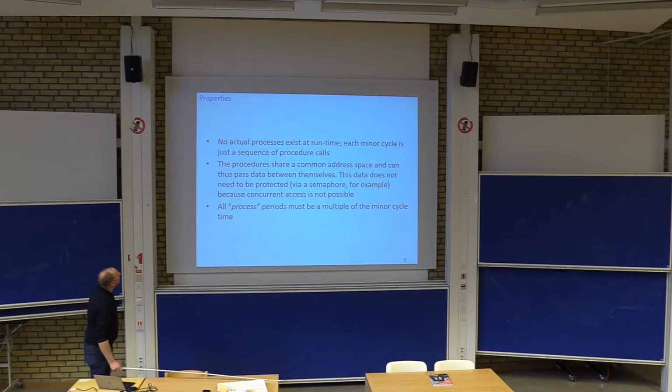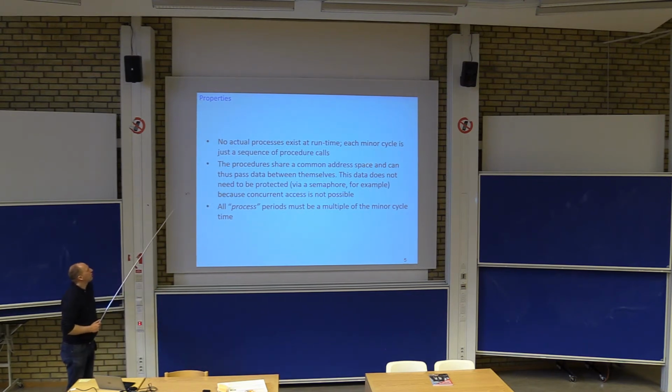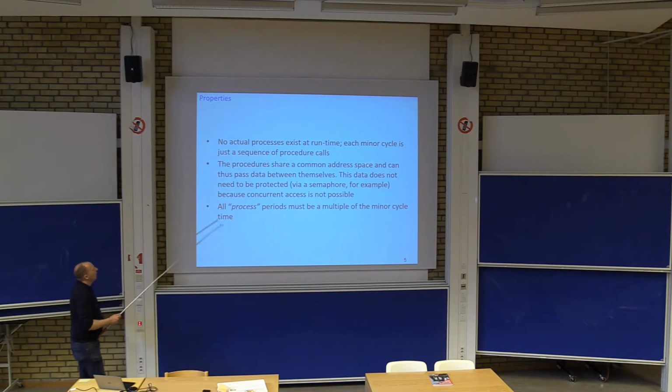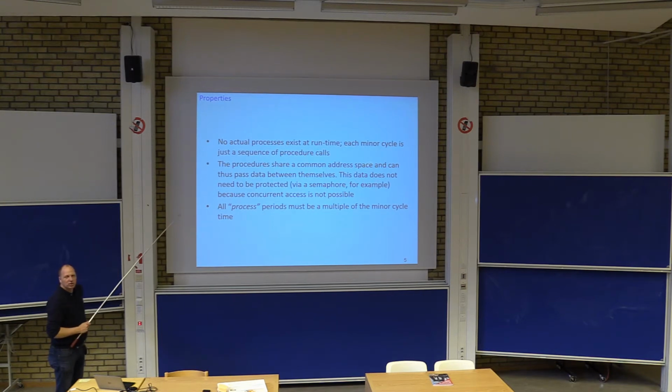So we have a couple of properties here. We don't really need support for processes from the real-time operating system. Each minor cycle is just a sequence of procedure calls. The procedures can share a common address space, and we avoid the problem with race conditions that we solve with semaphores.